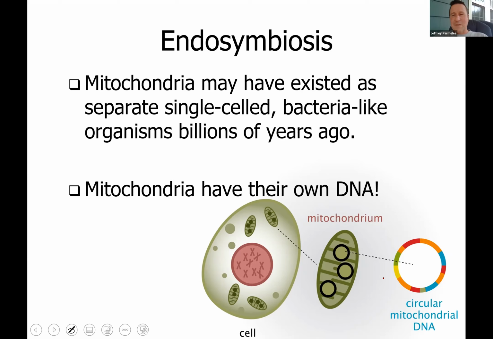They're the same size as bacteria. They have a lot of characteristics. Their DNA is circular like a bacteria. They've lost a lot of genes. They have few genes, mostly related to aerobic respiration, because they've lived symbiotically with us for so long. They don't need to know how to live in the outside world.